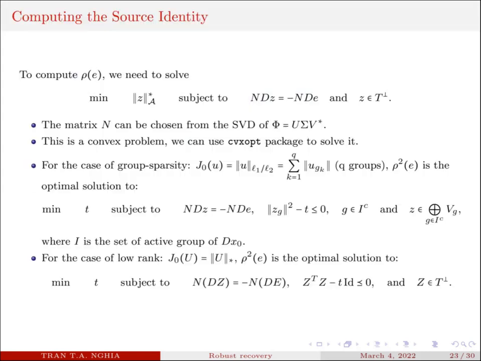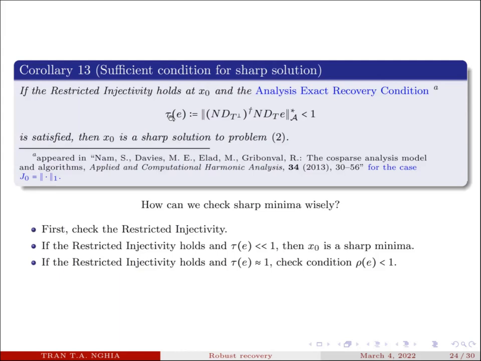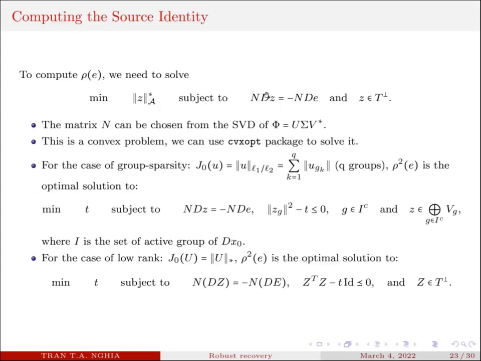Of course, I mentioned that it's possible to compute rho E, but there is a faster way to check the condition. We have a very nice estimate for rho E: rho E is bounded below by gamma E. And what does this gamma E mean? This gamma E is the dual norm of a solution to this problem.